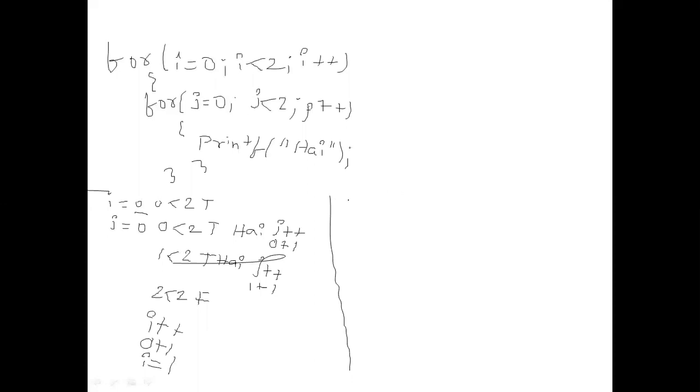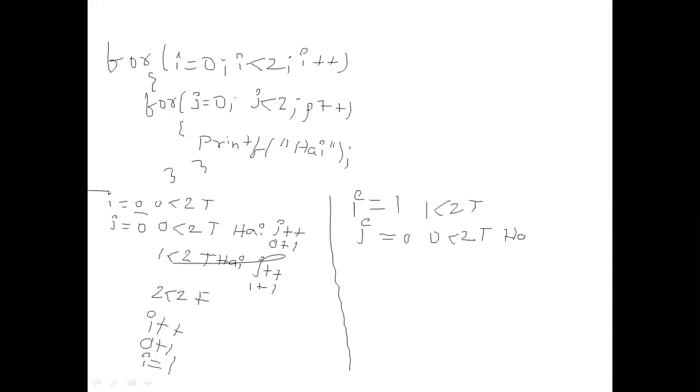So I'm going to write it as, now we know that i is 1, 1 is less than 2, condition is true. So again it starts executing from the inner side. So now j is 0, 0 is less than 2, condition is true.